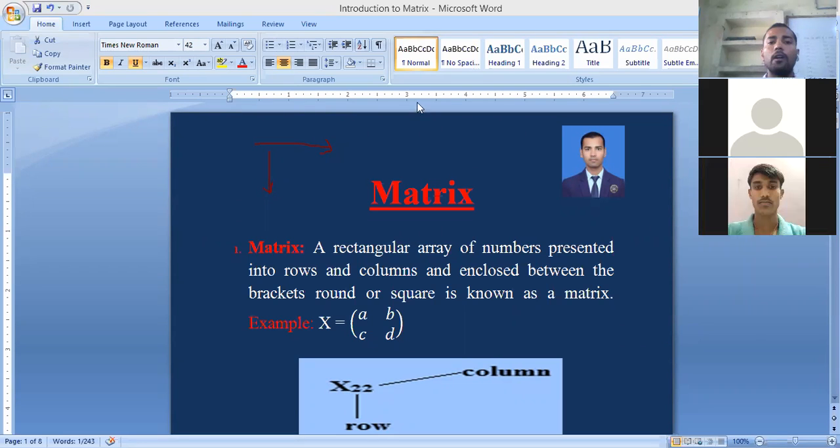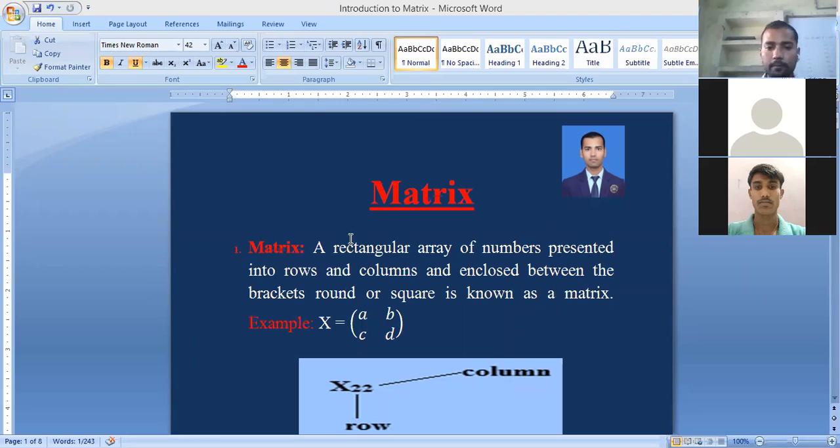So we have A and B, C and D. That means we have 1 and 2 rows, and AC and BD are 2 columns. In a matrix, we only consider these 2 things, row and column.